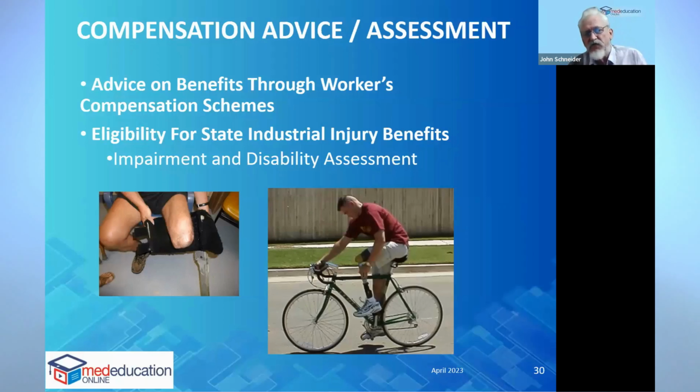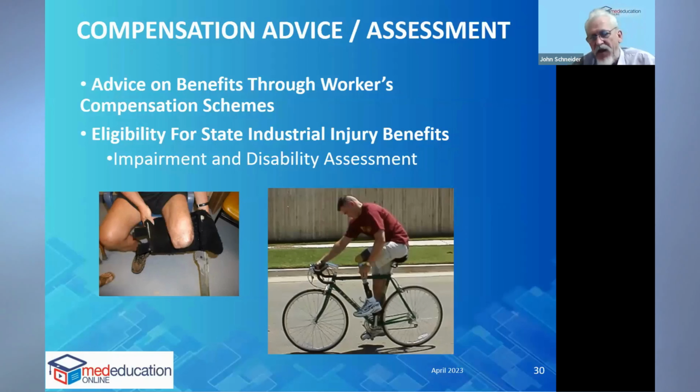So we've got to realise that the impairment may be looking at loss of function of parts of the body, but often the disability arising from that can be managed or overcome.